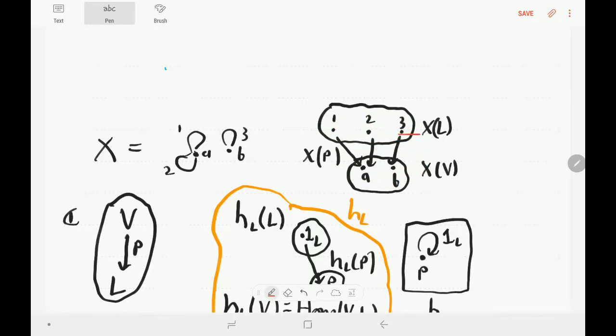So it's a mapping from one set to another set. So the target set we typically call the vertex set, X of V, and we draw dots or vertices to represent those. And then the source set we call loops, the elements loops. So these are different loops on these vertices.